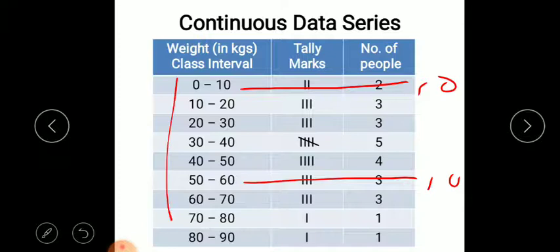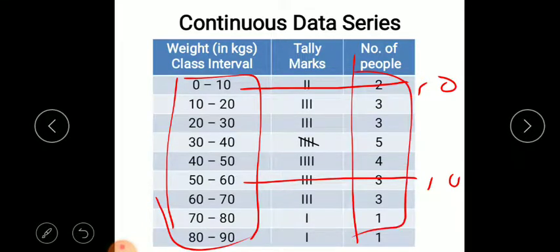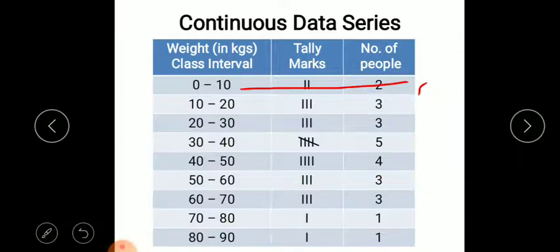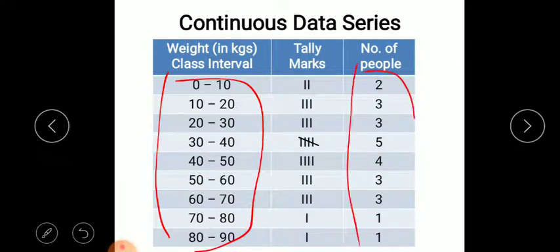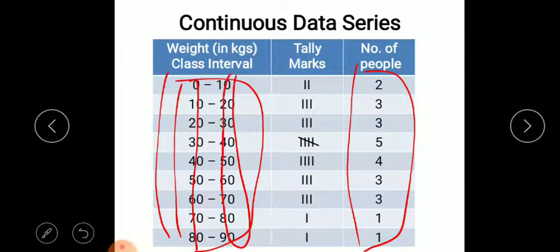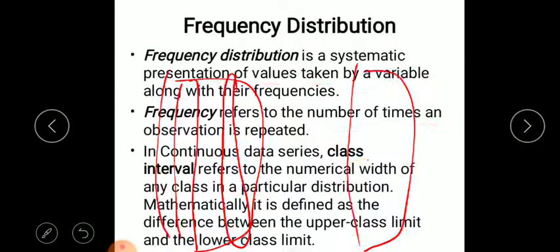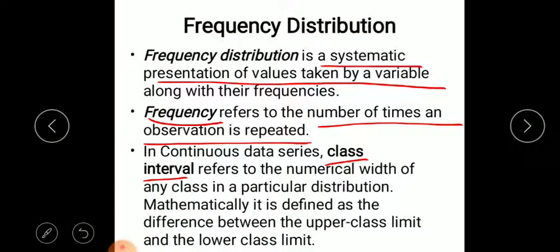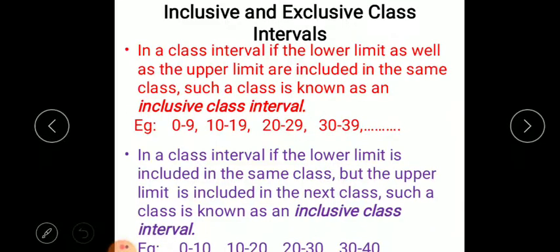Remember, these are individual class intervals, these are frequencies. Let me draw once more. These are individual class intervals, these are individual frequencies, these are the lower limits, these are the upper limits. This is how your class interval looks, especially in a continuous distribution.